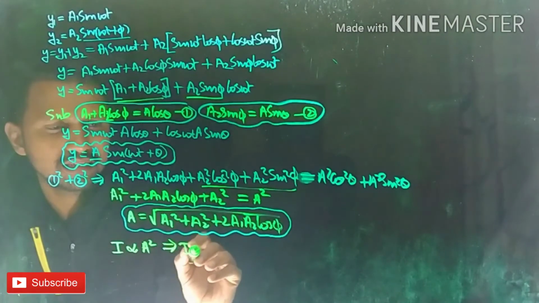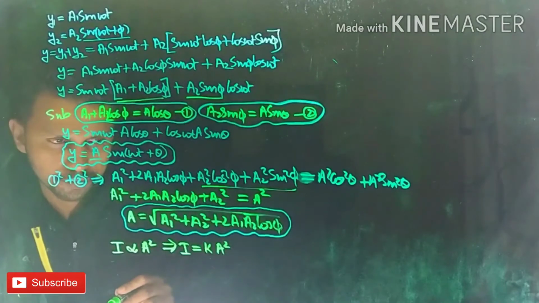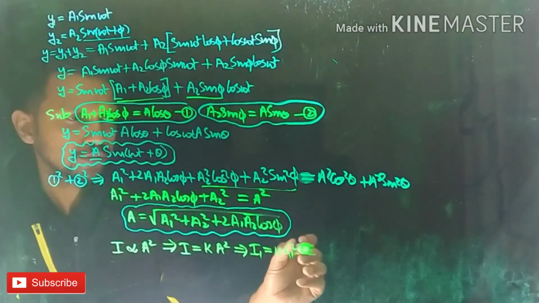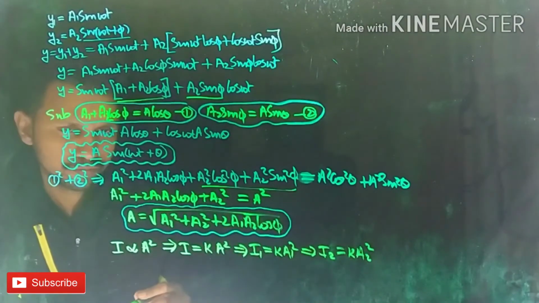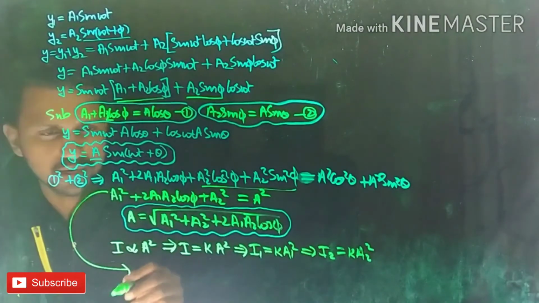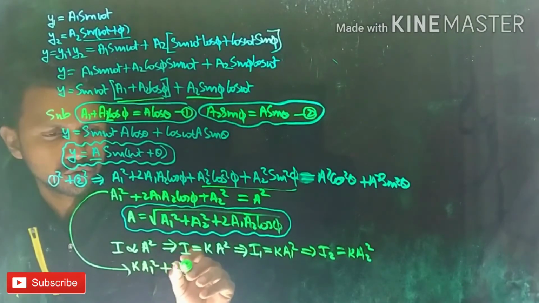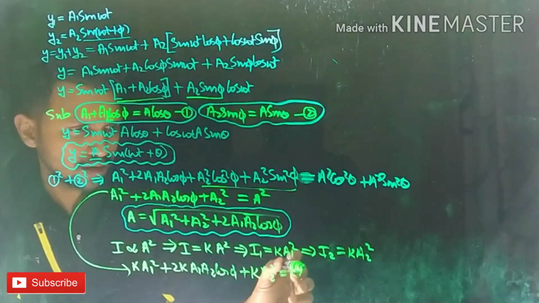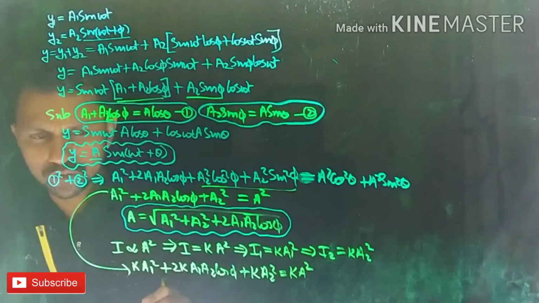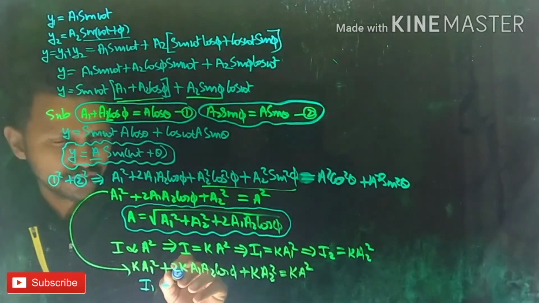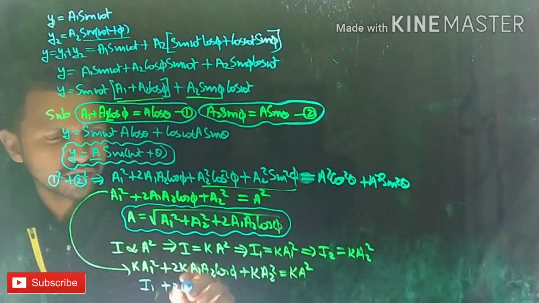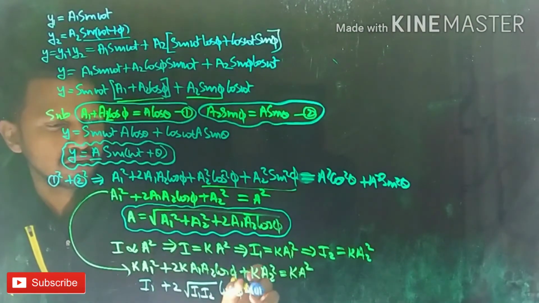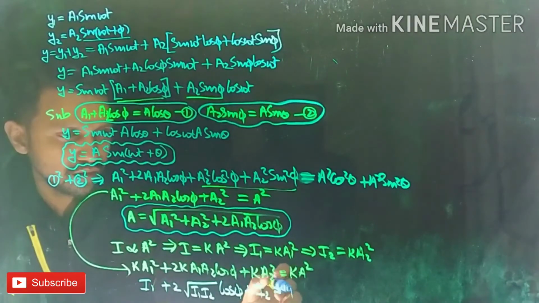Therefore, intensity is a constant times amplitude squared: I = KA². Then I1 = Ka1² and I2 = Ka2². Multiplying the amplitude equation throughout by K, we get Ka1² + 2Ka1a2 cos φ + Ka2² = KA², in which Ka1² is I1, 2Ka1a2 can be written as 2√(I1 I2), Ka2² is I2, and KA² is I.